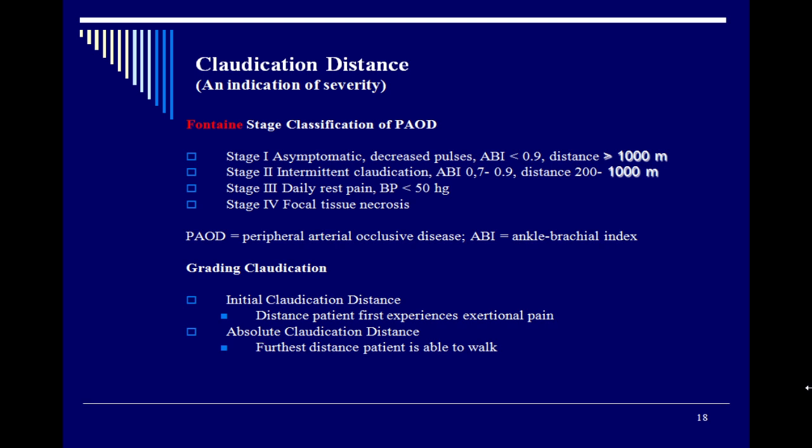Grading claudication. Initial claudication distance is the distance at which the patient first experiences exertional pain. Absolute claudication distance is the maximum distance the patient is able to walk.